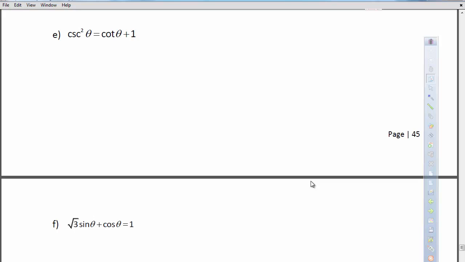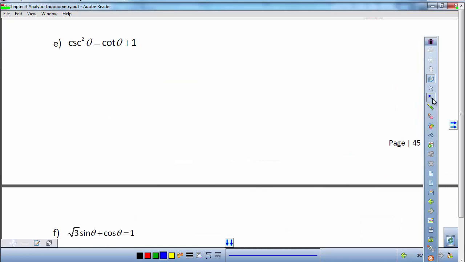That's it. If you see one of these functions squared, you need to think about our Pythagorean identities, right? So when I see cosecant squared theta, I'm going to look on this paper. It says 1 plus cotangent squared theta is equal to cosecant squared theta.